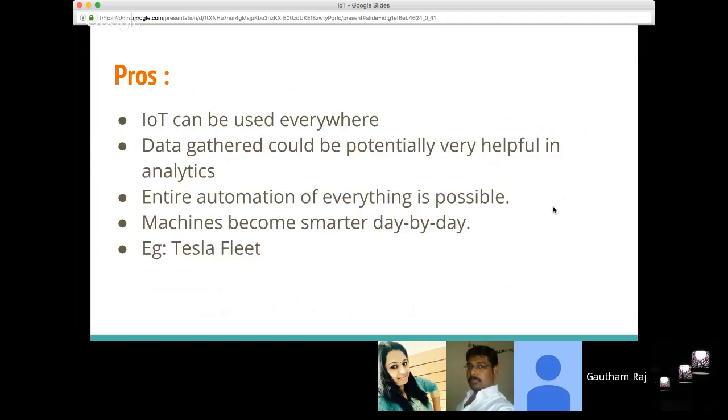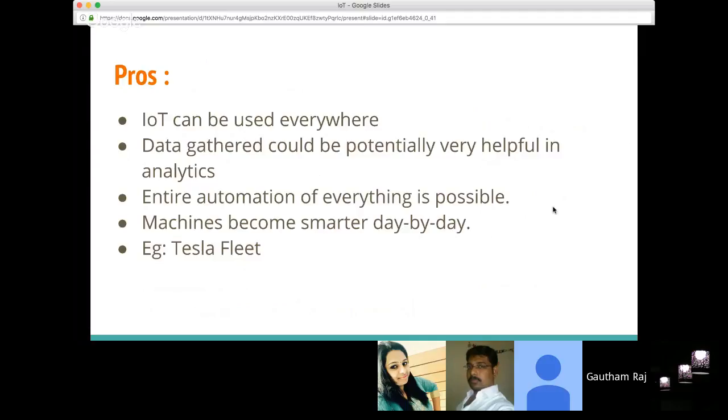Consider if you are getting married in April and you are searching for products related to marriage, like bridal wear and so on. What you can expect is Facebook will show you pop-up ads related to that, and after 1 year you will get products related to kids. So like that, analytics is today's world, and machines become smarter day by day.